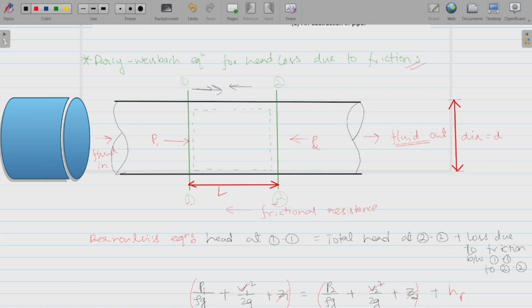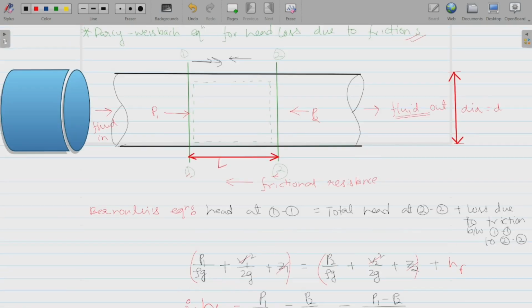In order to figure out the value of this head loss due to friction, we are going to apply Bernoulli's equation at section 1 and section 2. We know that Bernoulli's equation is P1 by rho g plus V1 square by 2g plus Z1. This is the head at 1, and this is the head at 2 with the pressure P2, plus the loss due to friction between 1 and 2.